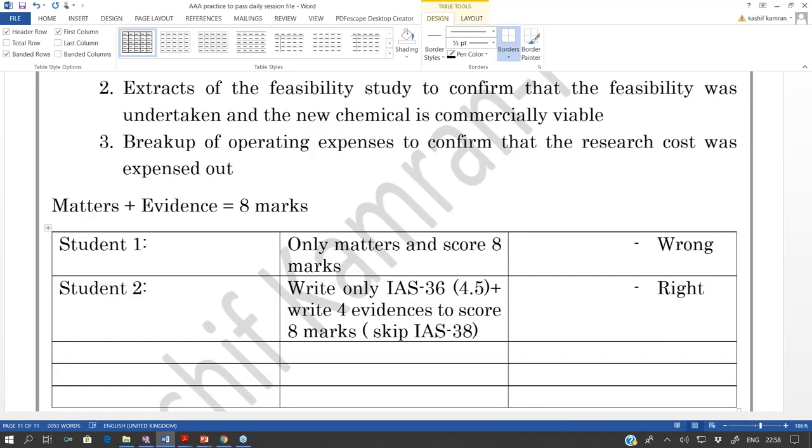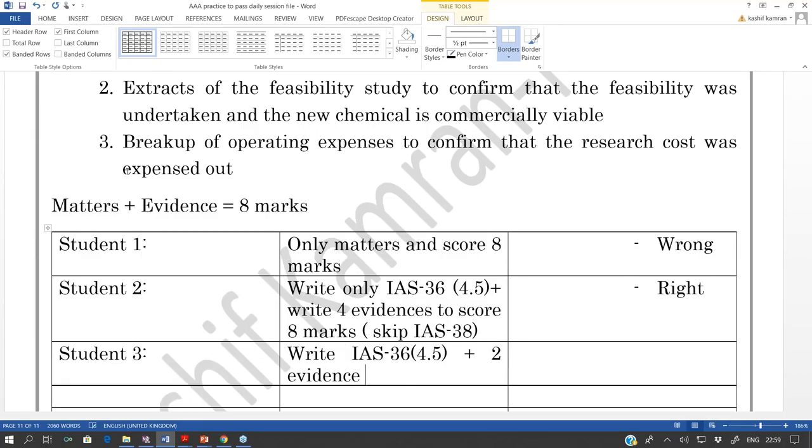Then the last one, another example. There is a student 3 in the exam hall who's more clever. He says, okay, I write IAS 36 and I take 4.5, right? And I only write 2 evidences and I take 6.5 marks.